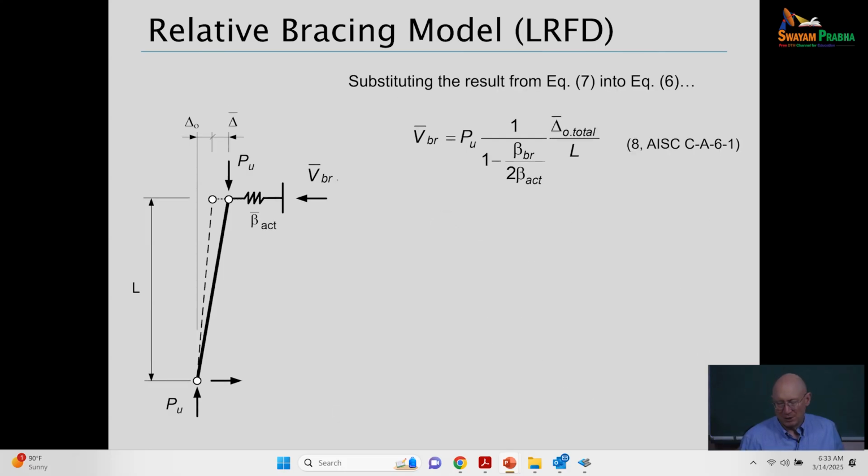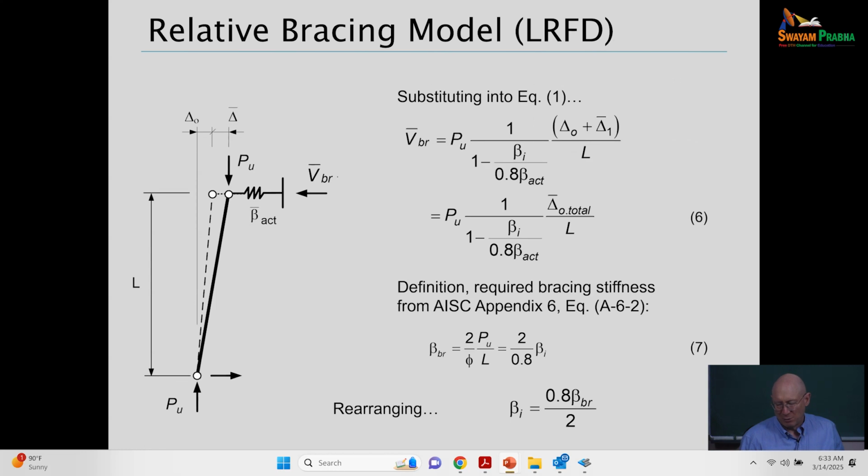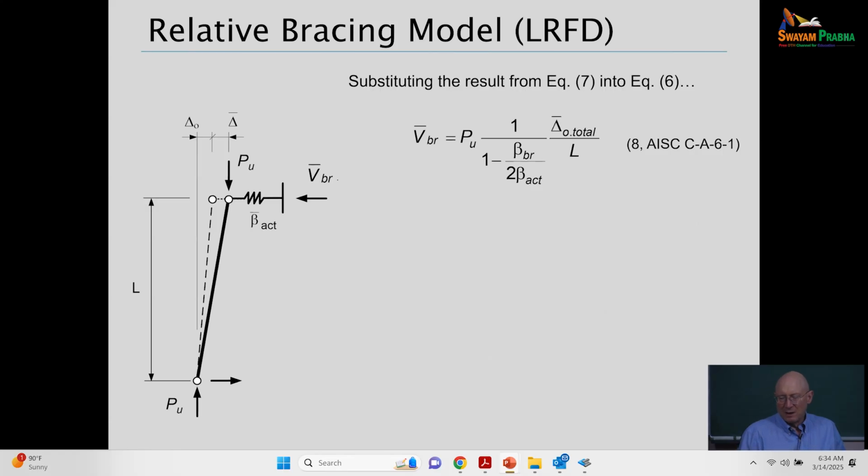If we substitute that result from equation 7, beta I equals 0.8 beta BR over 2, into equation 6, then we get this form, which shows up as equation C-A6-1 in the commentary to AISC.